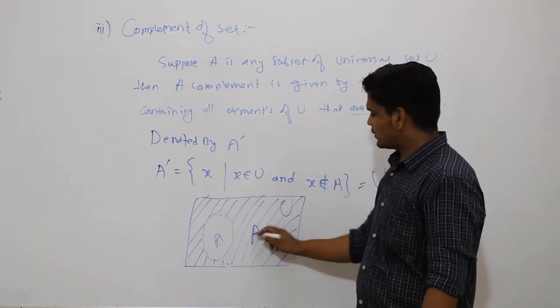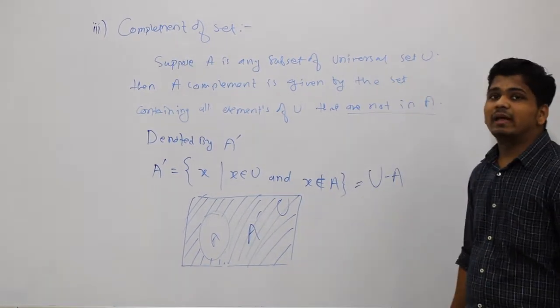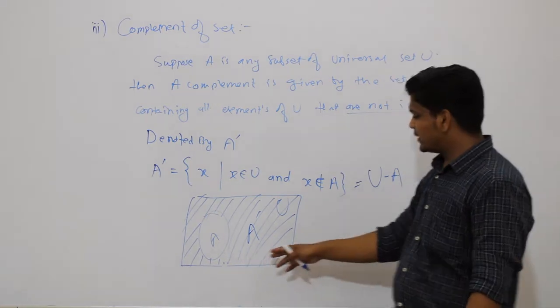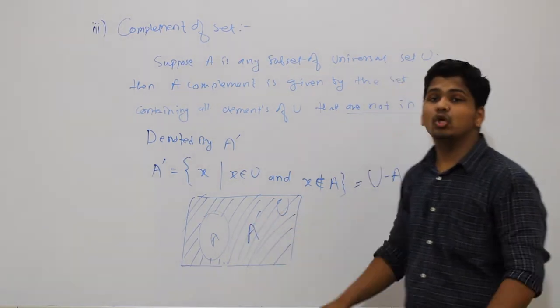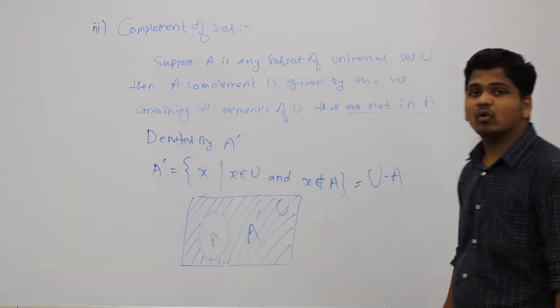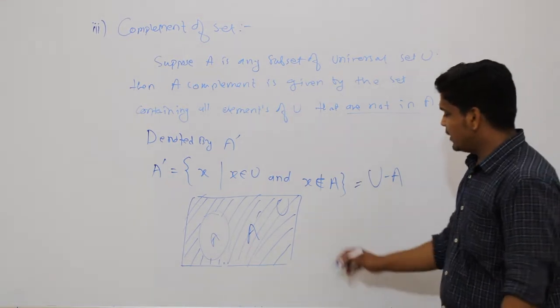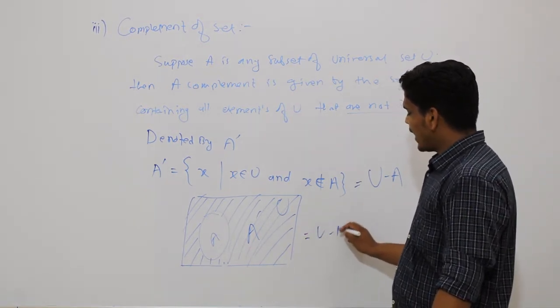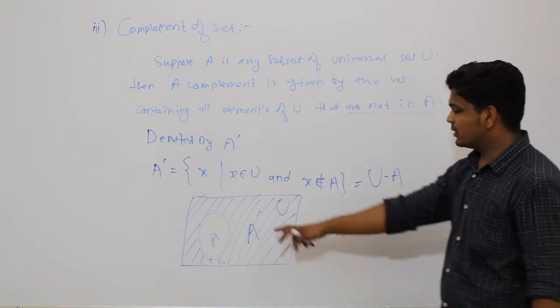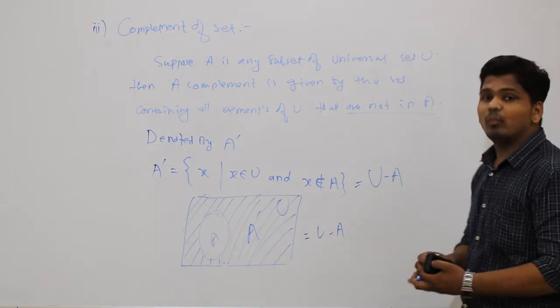This is nothing but U minus A. Ignoring A, you are considering all your elements in A complement. This is your A complement set.